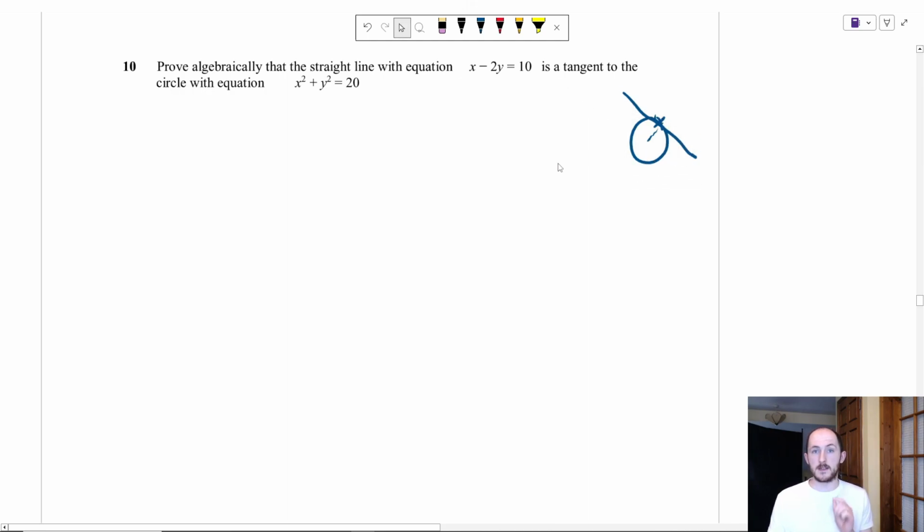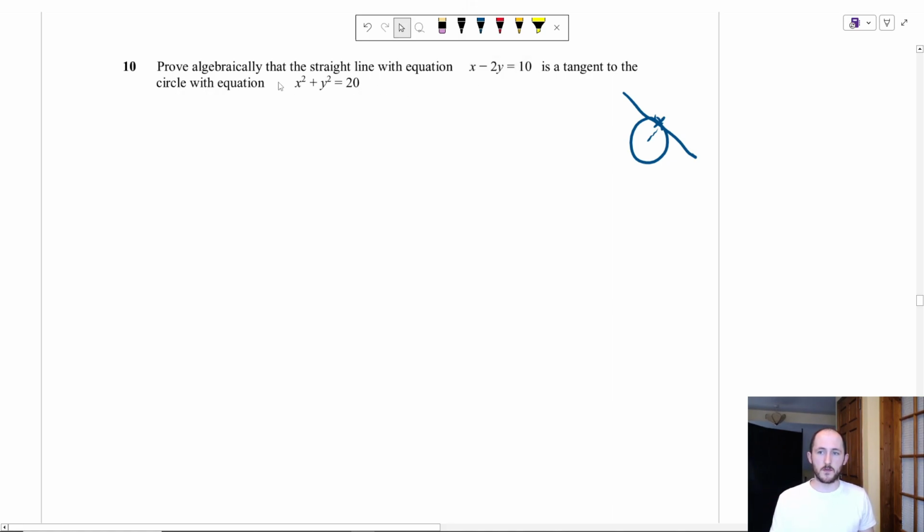So what we're going to do is show that if we were to solve these simultaneous equations, there's only one answer. Basically we're going to work out where these two curves or straight lines intersect and show that there's only one. You first need to get it in the form y equals mx plus c, then make the gradient perpendicular. That would be for the equation of a tangent, okay?